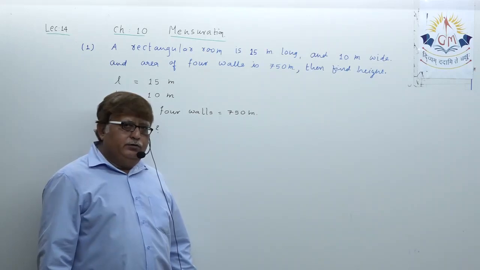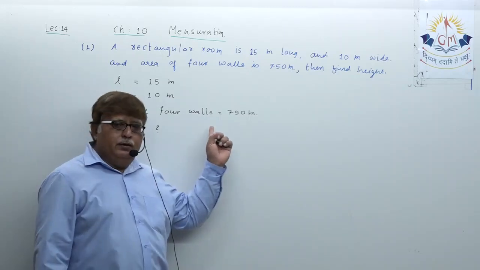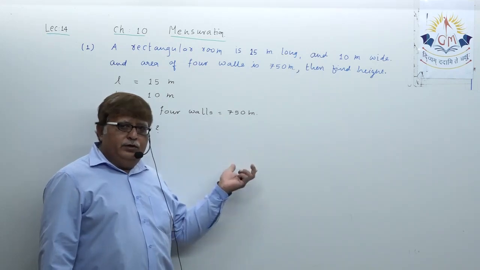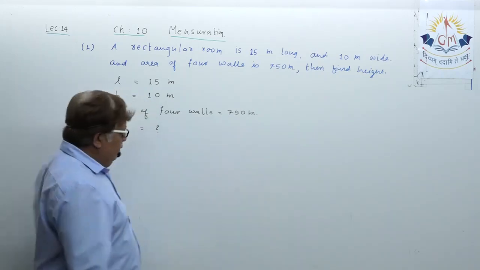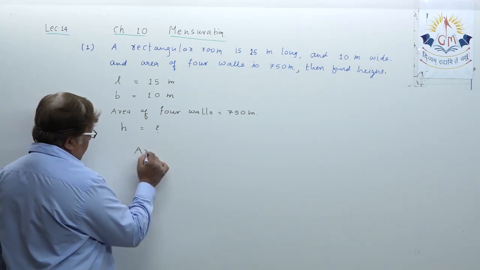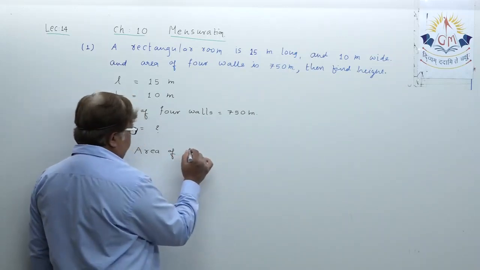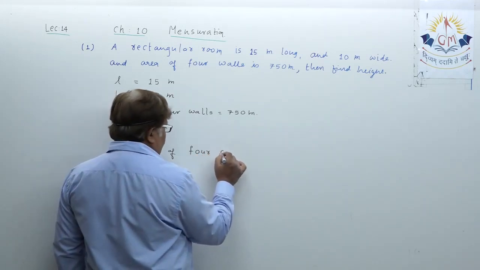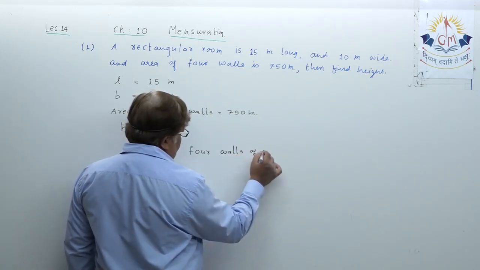As you are given the area of 4 walls, definitely you will apply the same formula here. First we will write this way: area of 4 walls of a room.